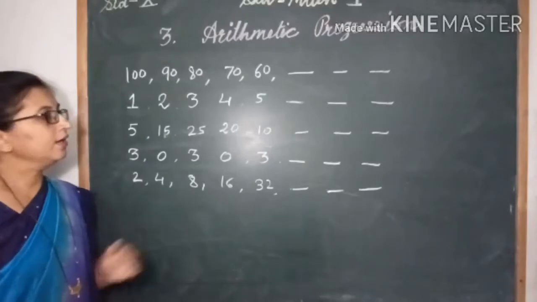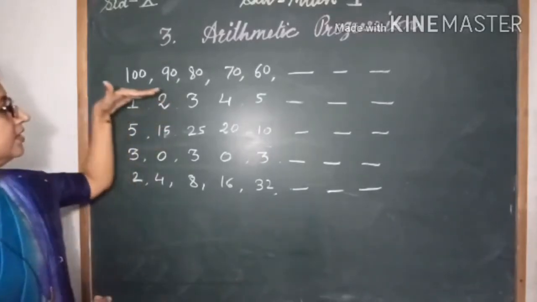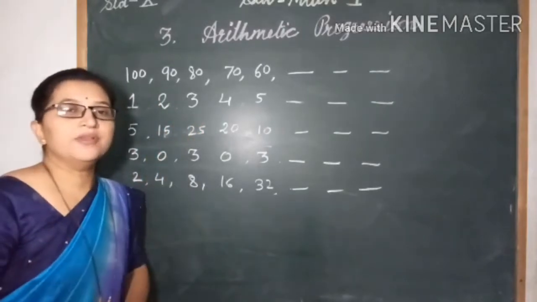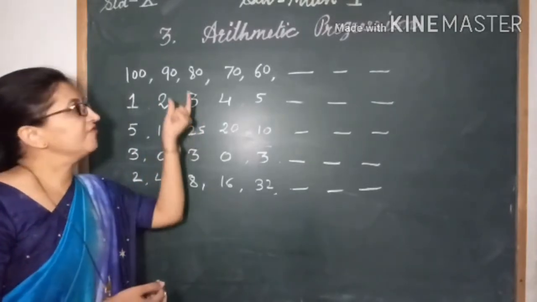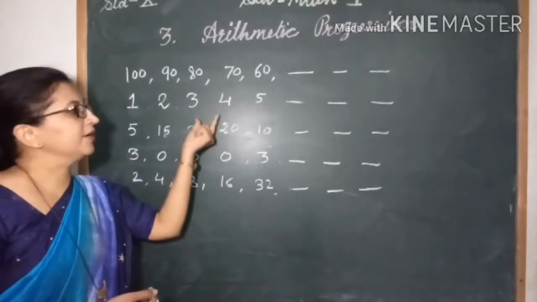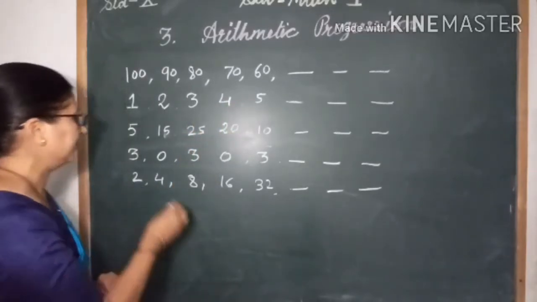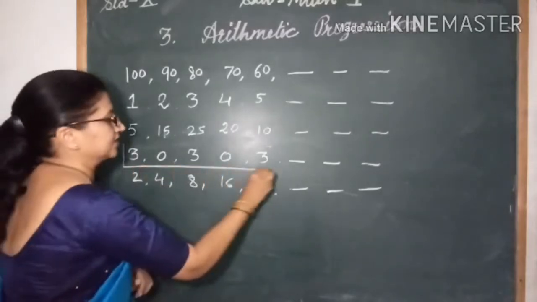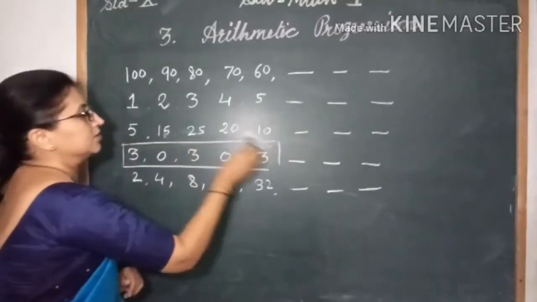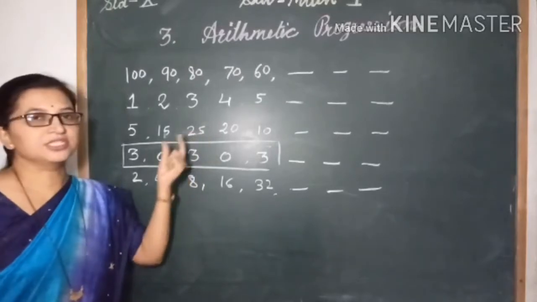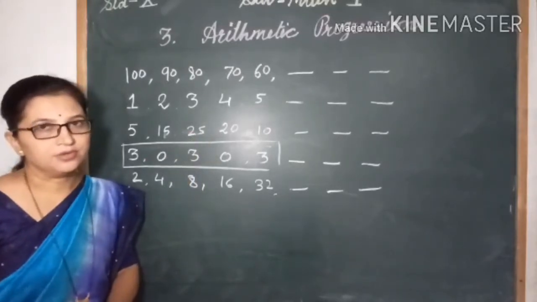Now here, dear students, these are the sequences. If you observe them, you will find that there is no fixed relationship between any consecutive terms, except in these sequences. For the other sequences, you will find a fixed relationship between any two consecutive terms.